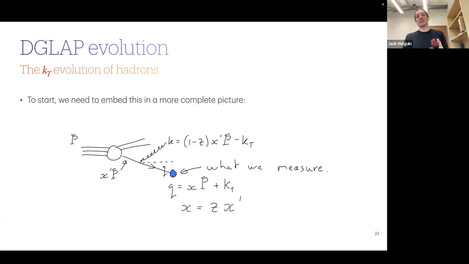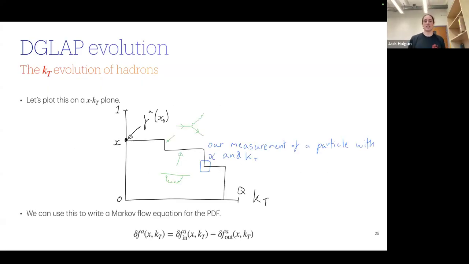So we're going to have to track, say we started with probability to find x prime times p, how that probability changes because the quark has radiated a load of gluons. And it's easiest done if we plot a diagram for this, for the variables of the quark. So the quark starts in the proton with no transverse momentum, at least in this picture. So on the x-axis of this plot, at x equals 0.